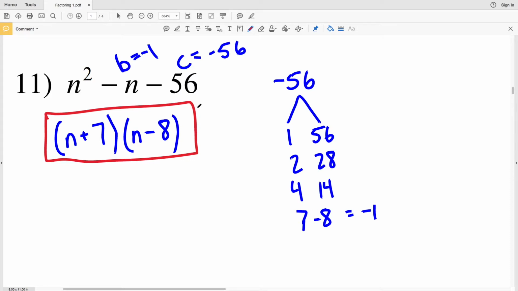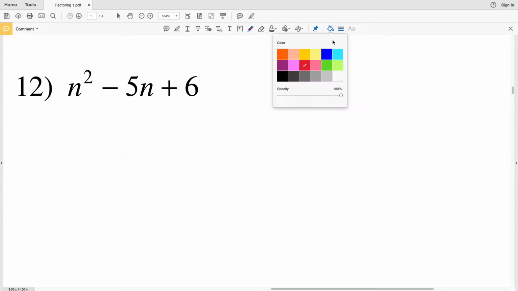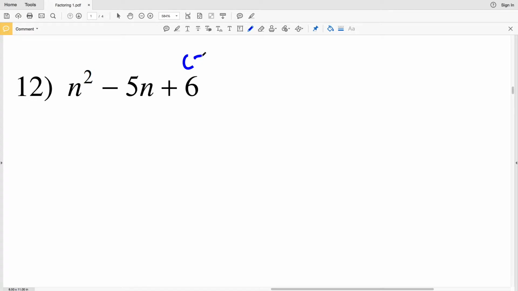In number 12, we're going to see what two numbers multiply to give us 6, but add to give us a negative 5, since C is positive 6 and B is negative 5. And we can assume, since B is negative and C is positive, that the factors will both be negative, since a negative times negative is a positive.